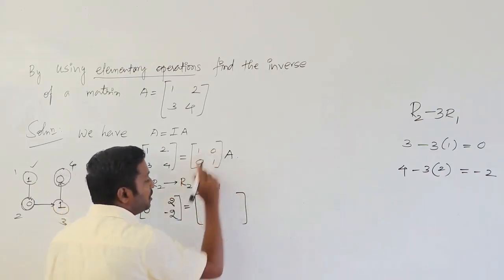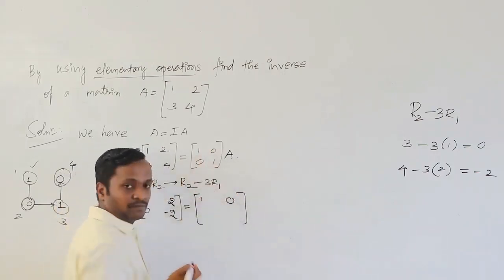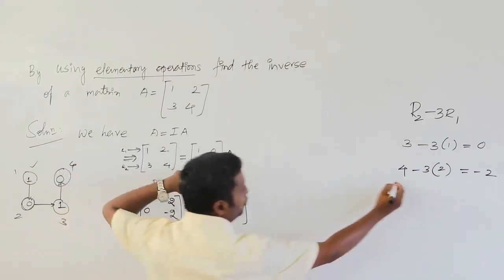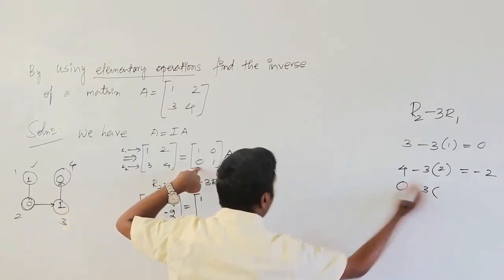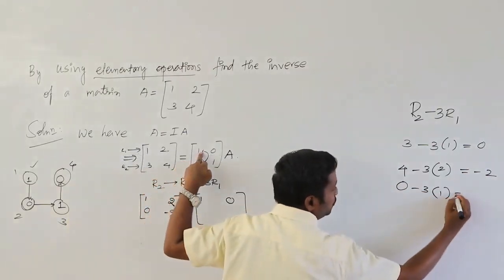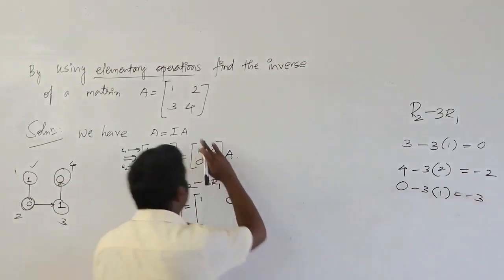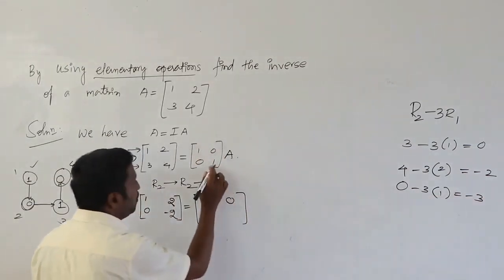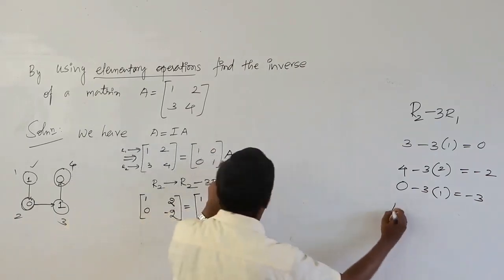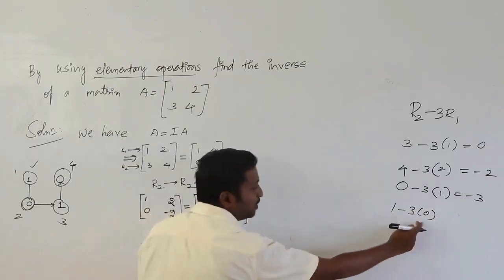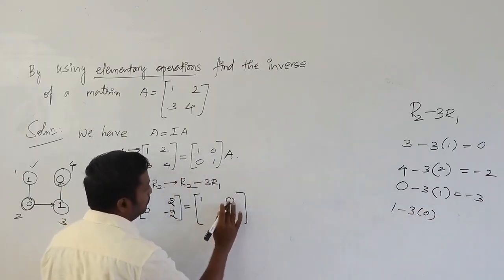R1 not changed. How is R2 changed? R2 minus 3 R1. R2 is 0, minus 3 times R1 corresponding to 0. R1 is 1. So 0 minus 3 gives minus 3. Next, R2 is 1 minus 3 into R1: 1 minus 3 into 0, 1 minus 0, it is 1.